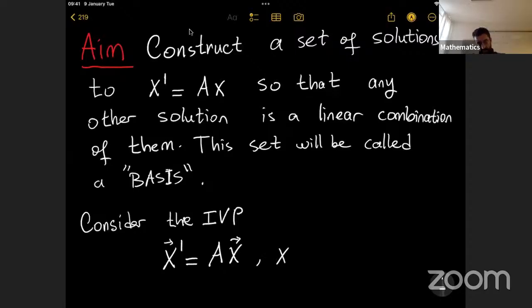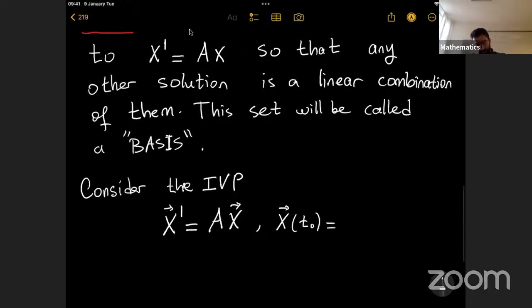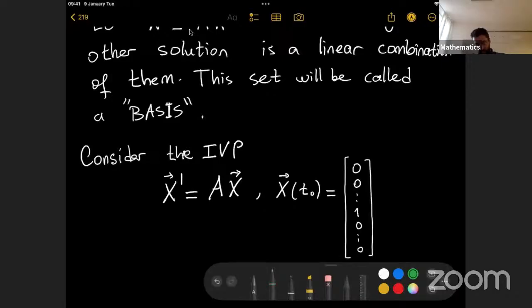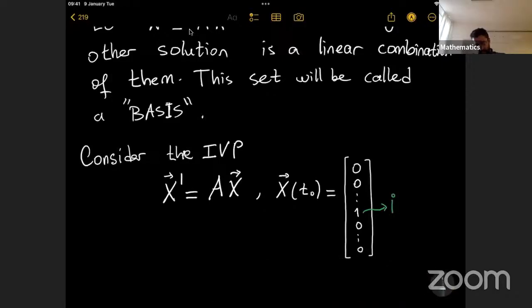And for the vector x at some point, we give the initial value. This is the standard vector, 1, 0, 0, where we put 1 in the ith entry.